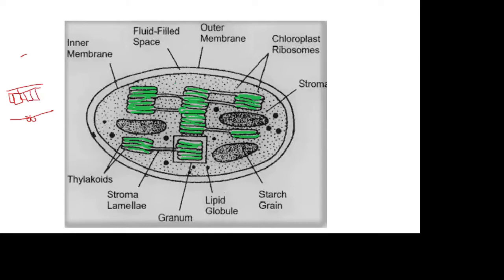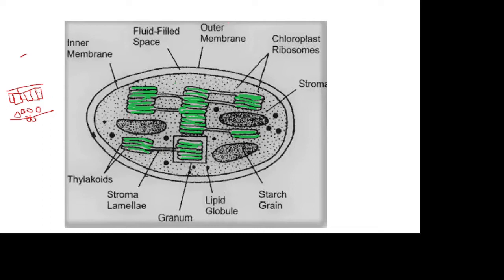These mesophyll cells form the palisade parenchyma, and there is another type of mesophyll cell that forms the spongy parenchyma. All these parenchymal cells, the mesophyll cells, contain small chloroplast organelles just beside the vacuoles, and these chloroplasts are involved in the process of photosynthesis.